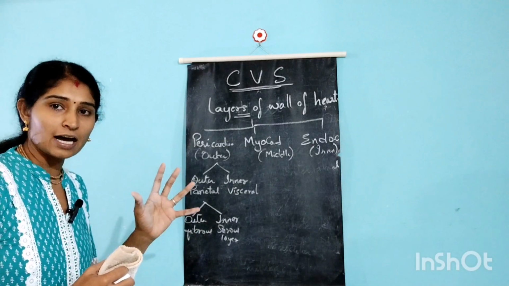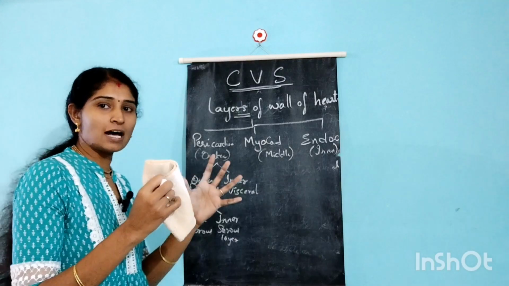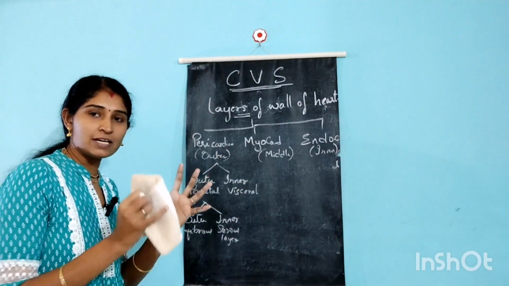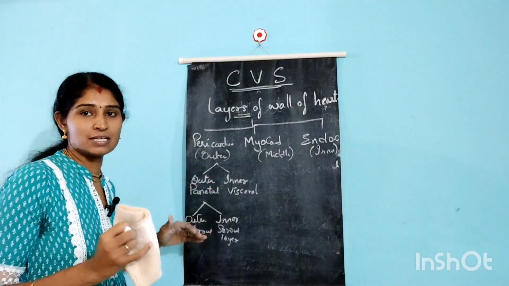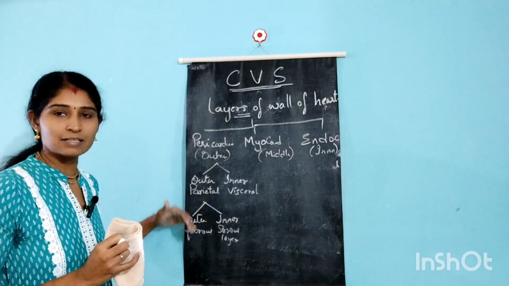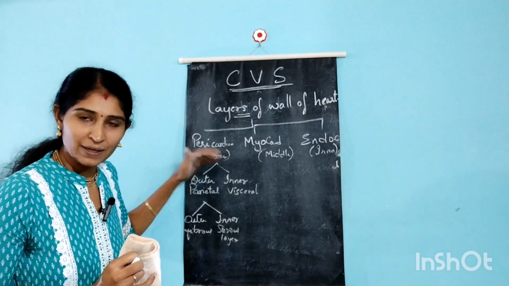It prevents the heart from overstretching because it is fiber, right? You can remember it that way. That which prevents the heart from overstretching is the outer fibrous layer, and it is present in the outer parietal layer of the pericardium.